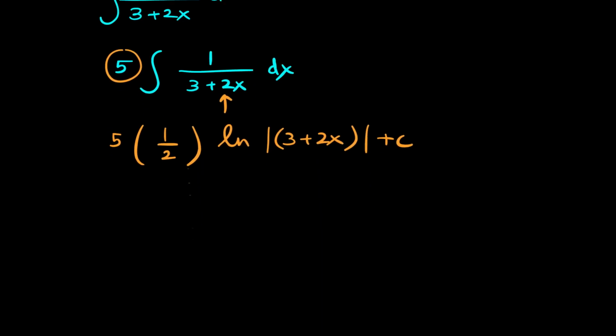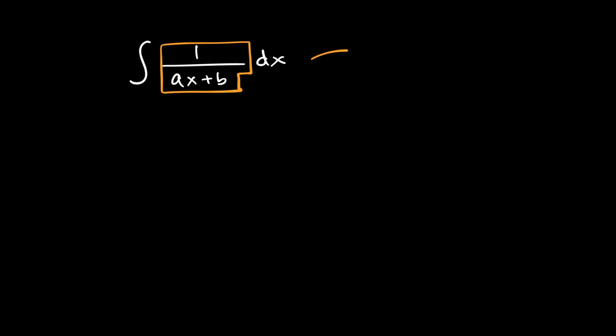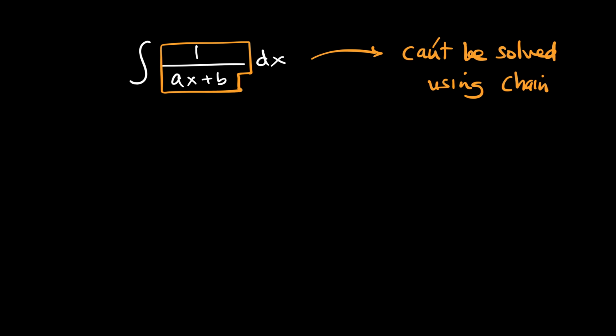So, what have we learned in this video? We have learned that if we have 1 over ax plus b, a fraction in this format, which cannot be solved using chain rule. And why can it not be solved using chain rule? Because chain rule is applicable for all powers except -1.